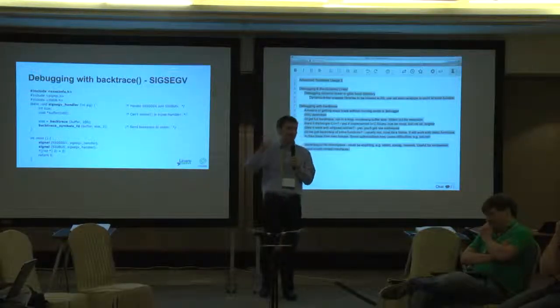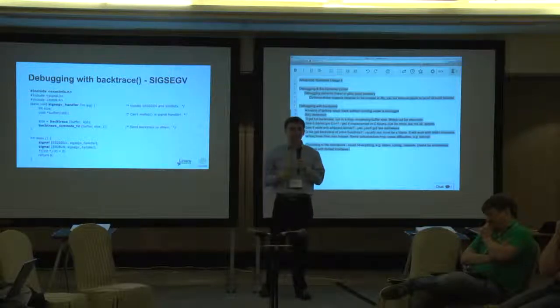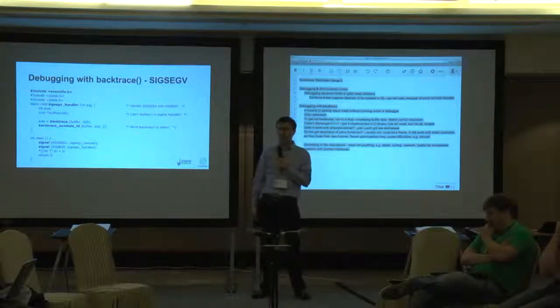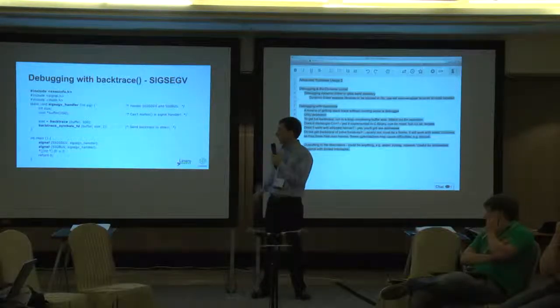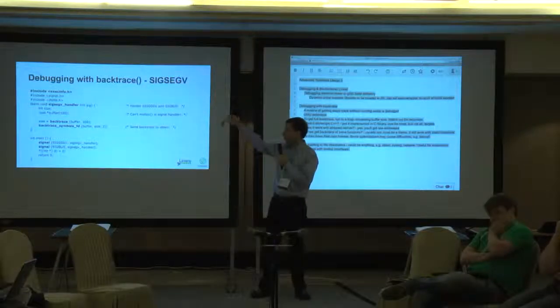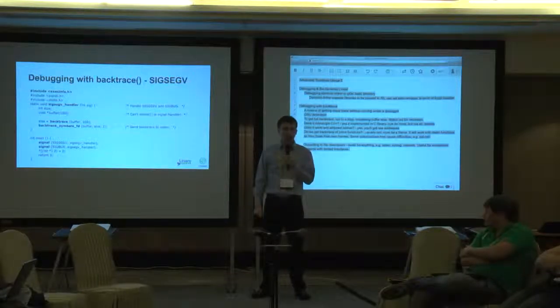This is one of the things that we will eventually cover in our Advanced Toolchain Usage. So we need to have a static buffer, and we populate the backtrace and send it off to standard error.